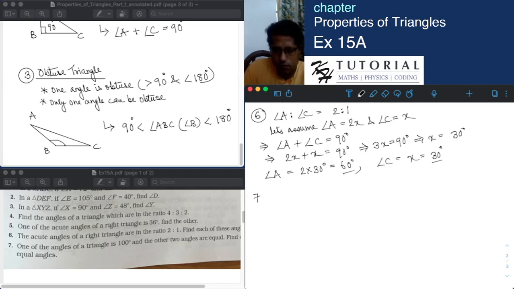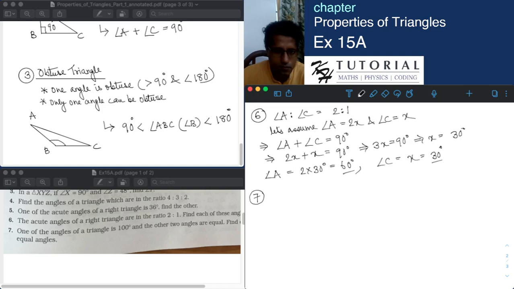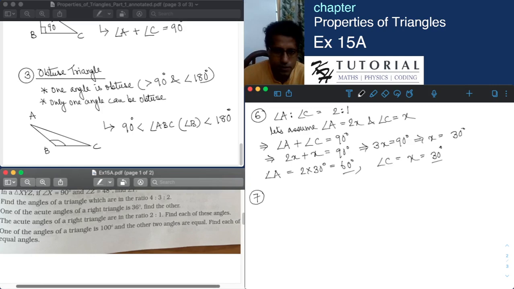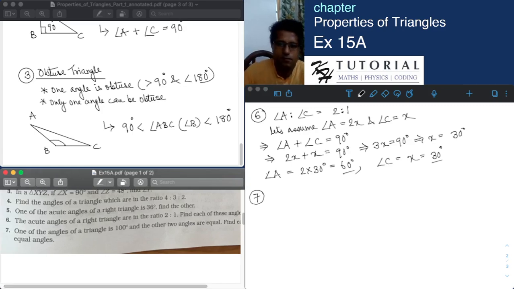Let's solve question number 7. It is said that one of the angles of a triangle is 100 degrees and the other two angles are equal. Find each of the equal angles.